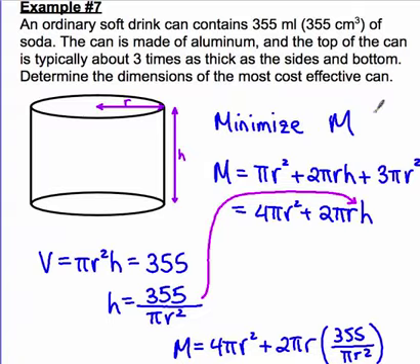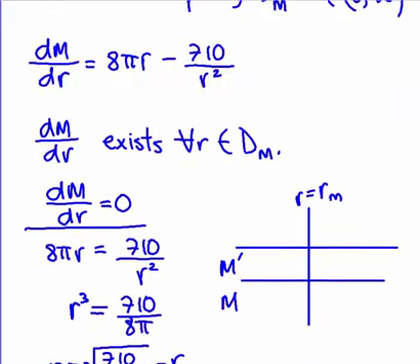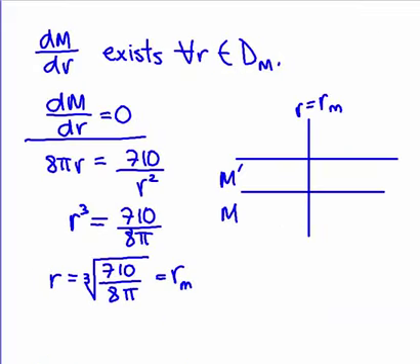And so I know that at the extremes, the amount of metal I'm using is going to infinity. So therefore, I know that the amount of metal as I approach this must be decreasing, and as I move away from it, it must be increasing. I know that it was 0 there, and that tells me that this is a local minimum. I know that the derivatives must have gone this way for that to be true.